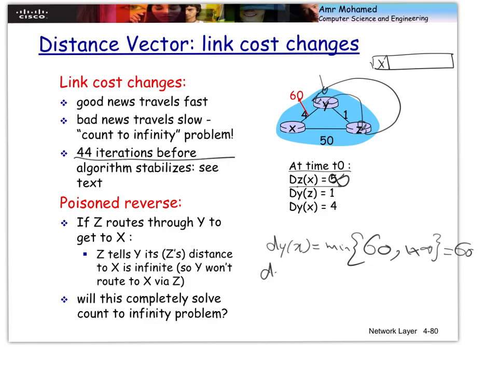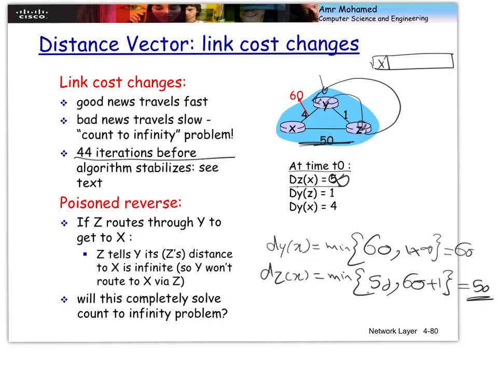So Z will say, oh okay, so my new distance to X is either 50 or 60 plus 1, right? Following? Remember, we have reached this last time in 44 iterations. We have reached this in 44 iterations.